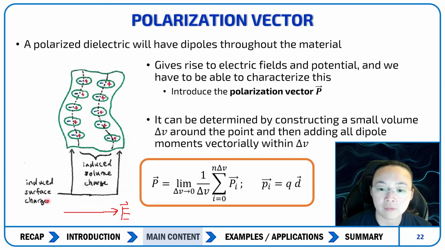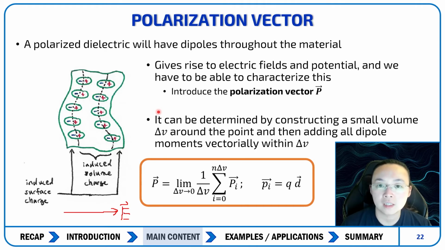So we have these induced surface charges, but we also have an induced volume charge in here. Sometimes it may not be zero, but in here we have what we call rho V, the induced volume charge.